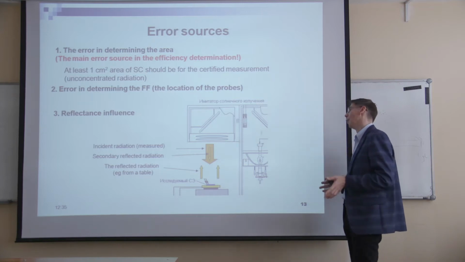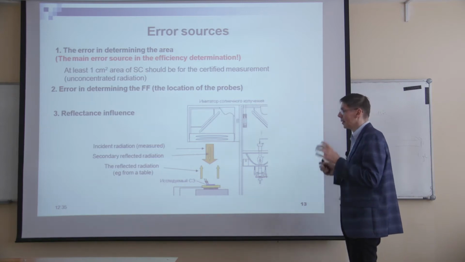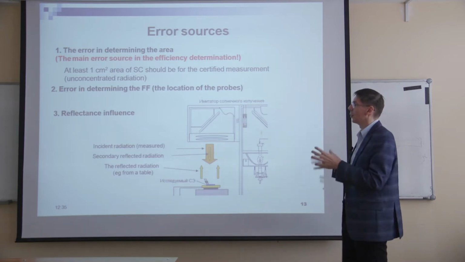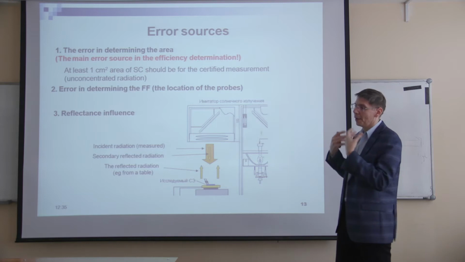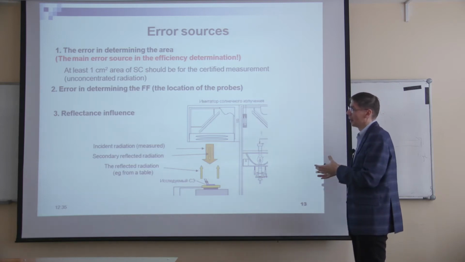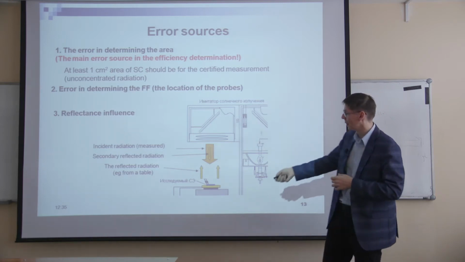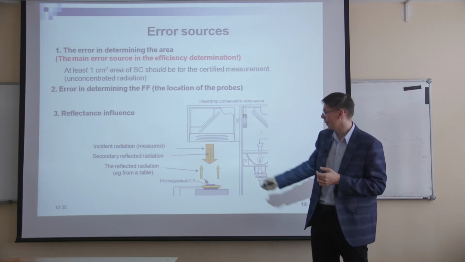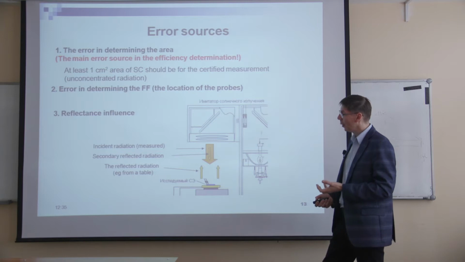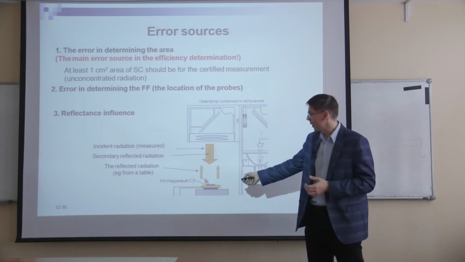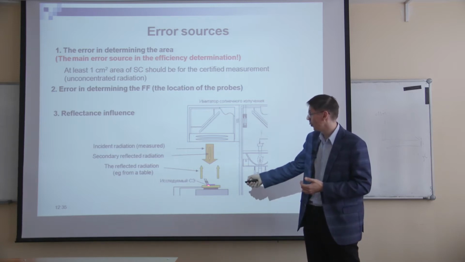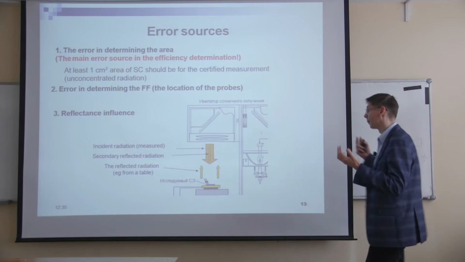You can define the real surface of your solar cell by the transparent conductive oxide, for example, the ITO layer. So, if this blue is ITO, we can suppose that the photoactive area of your solar cell just corresponds to the surface of the ITO layer.